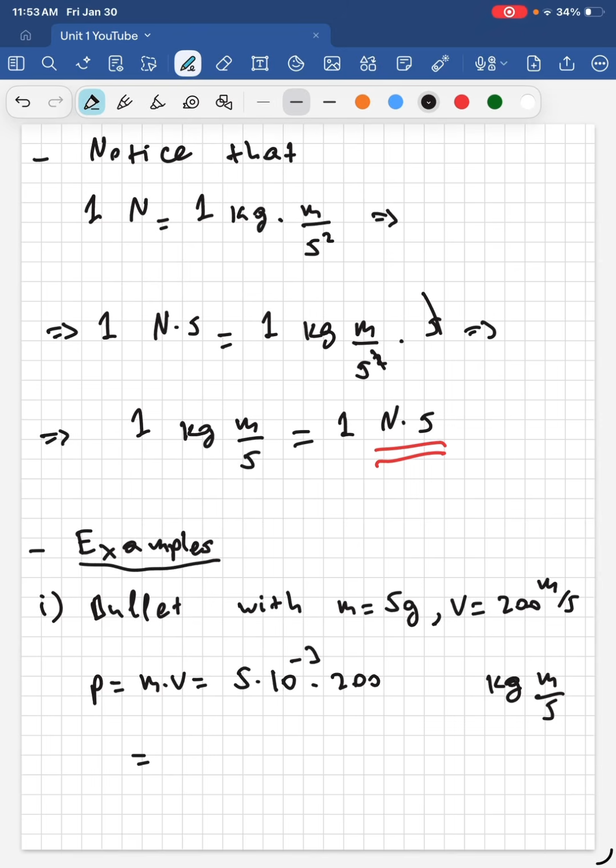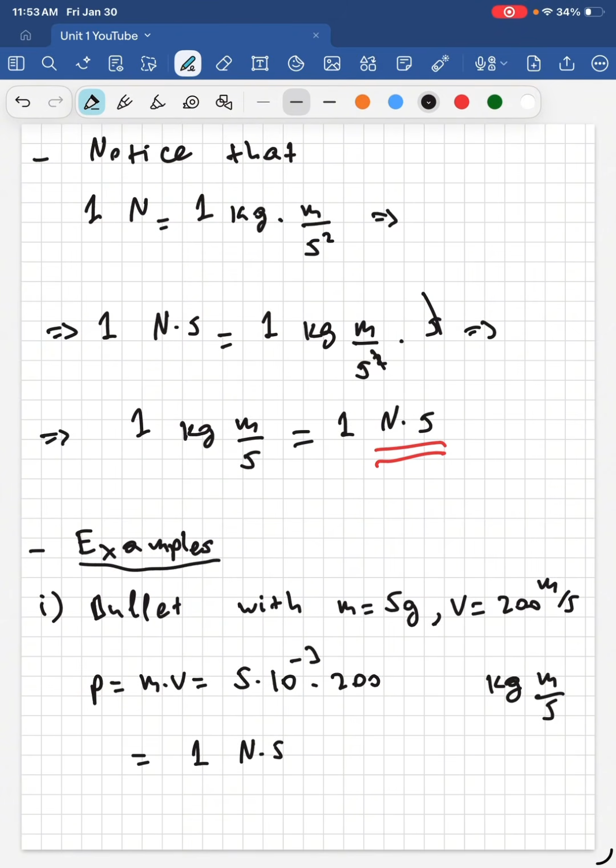So the momentum is 1 newton times seconds. A bullet is a scary thing, but the momentum is not really large. Why? Because it's a light object. But because it's tiny, it can penetrate your skin and kill you.